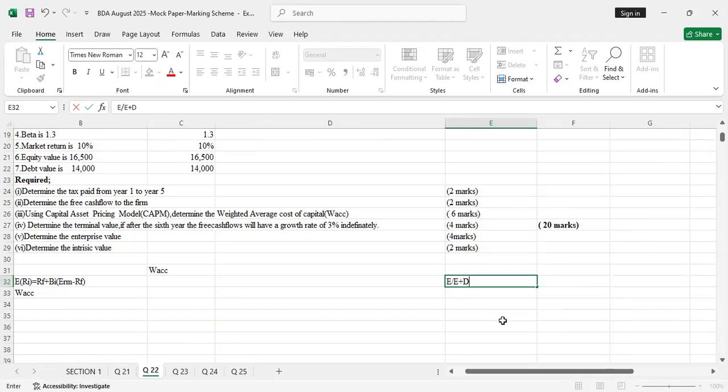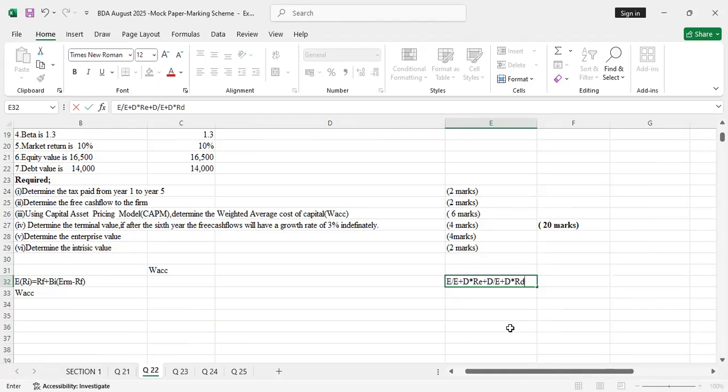Then you multiply by the cost of equity, which is denoted as R capital E. Then you add the value of debt divided by E plus D, and multiply by the cost of debt, denoted as R capital D, small d.